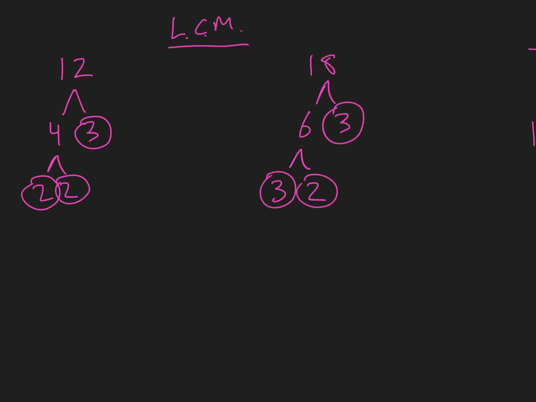Now these are my prime factors for 12 and 18, the ones that I've circled. Let's write these numbers again, 12 with a colon and 18 with a colon. Pay attention to how these are written.